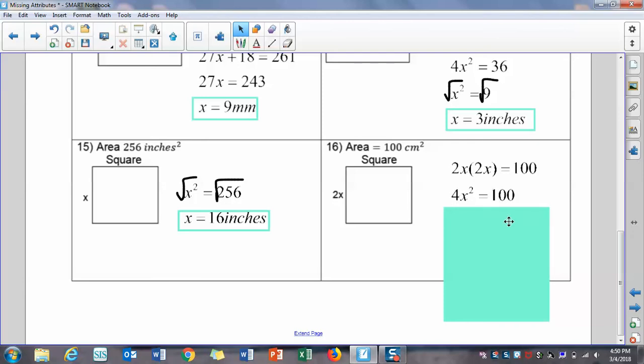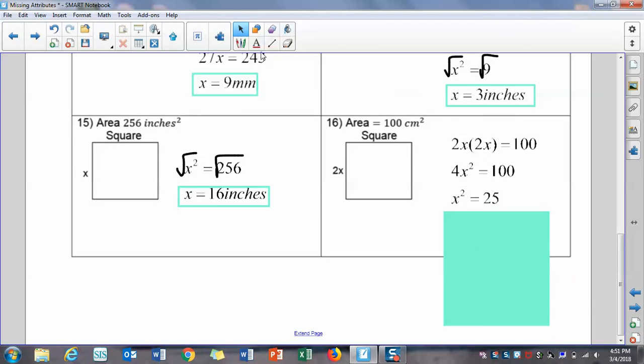So when you divide both sides by 4, you get x squared is equal to 25. Again, the inverse operation of squaring x would be to square root it. And so when we square root that, we get an answer of x equals 5.